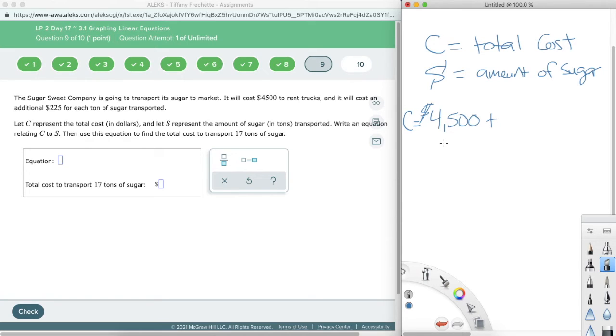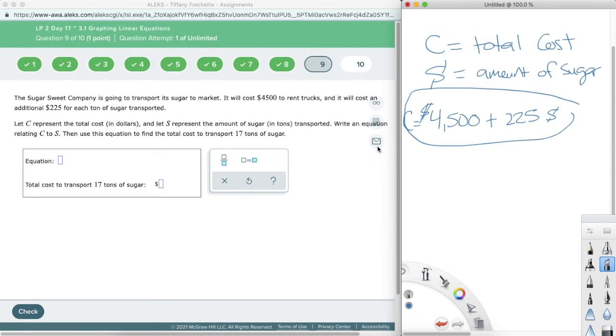And 4 tons would be times 4. So hopefully we're noticing a pattern there as I say this. So we have 225, but we need to multiply this by the amount of sugar we're transporting. And this is the amount of sugar in tons. So this S represents either 1 ton or 2 tons or 3 tons or 4 tons or however many we're transporting. So this is my equation for this situation.